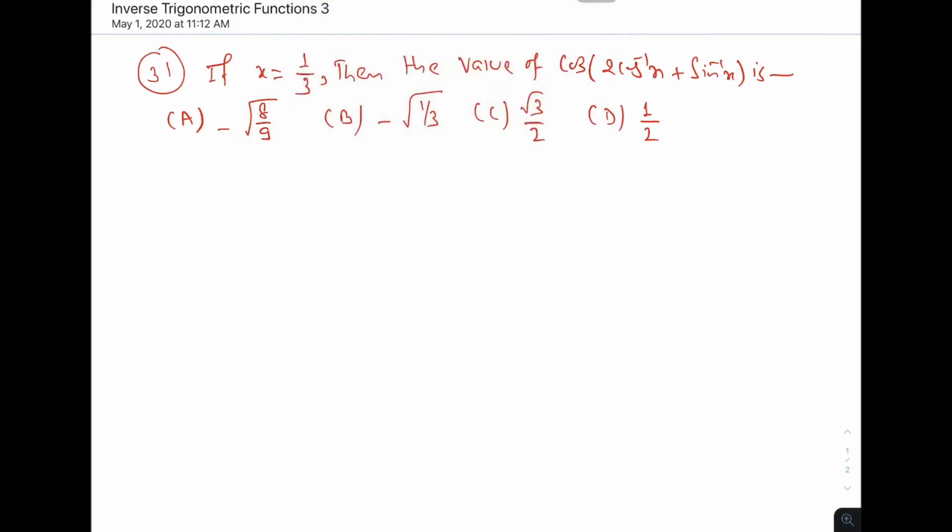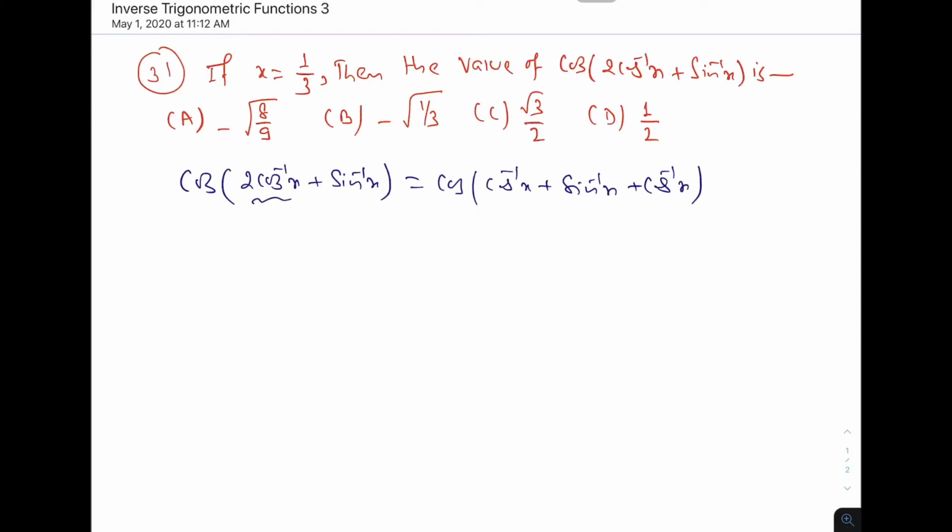So let us solve this. Cosine of 2 cosine inverse x plus sine inverse x equals cosine of cosine inverse x plus sine inverse x plus cosine inverse x.